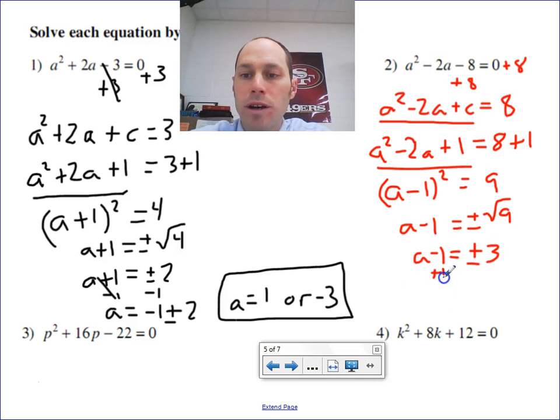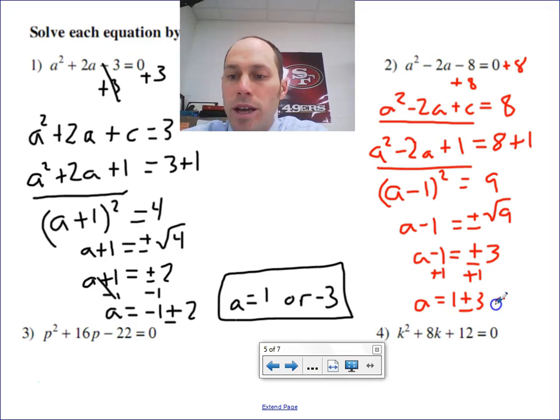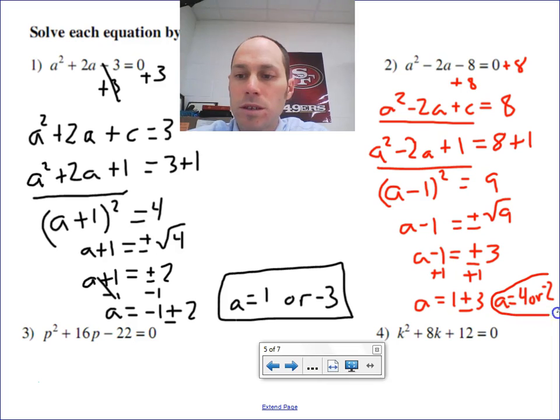And so if I add 1 to both sides, I know a equals 1 plus or minus 3. So a will equal, well, 1 plus 3 is 4, and 1 minus 3 is negative 2. So that is completing the square method.